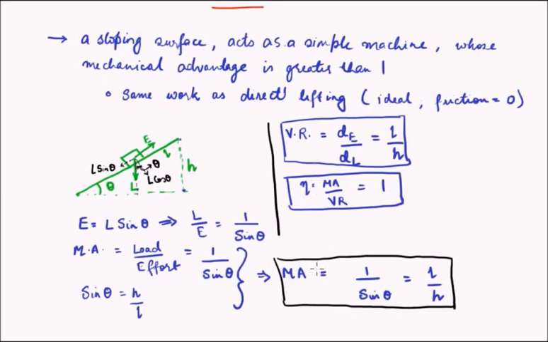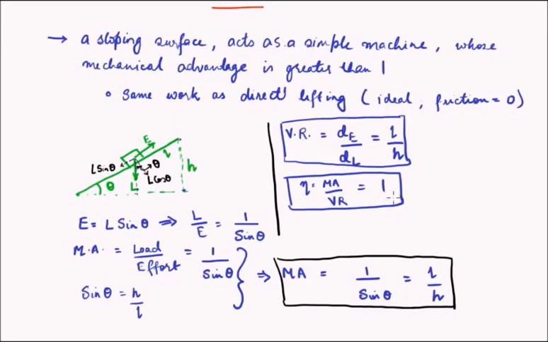What this tells us is that the body can be moved by applying a lesser force. That is, the effort required is less, and the efficiency in case of a frictionless incline, which is the case at hand here, turns out to be exactly equal to 1 or 100%.